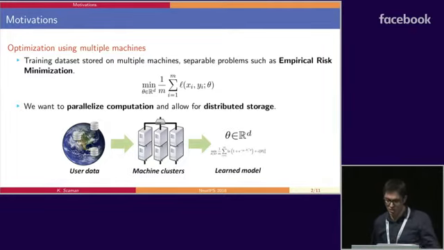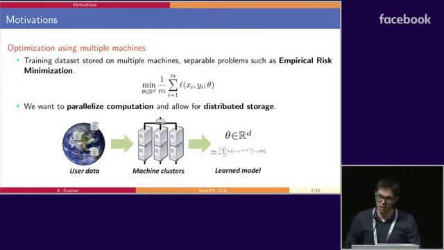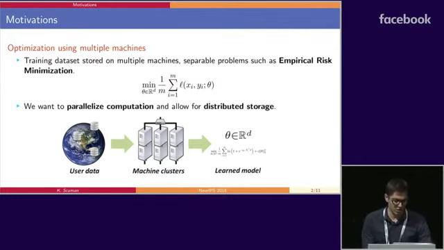So this is especially useful for empirical risk minimization that we want to solve in a distributed way. So distributed storage and at the same time parallelized computation. And you can think of, for example, logistic regression or SVM or this kind of optimization problem in machine learning.